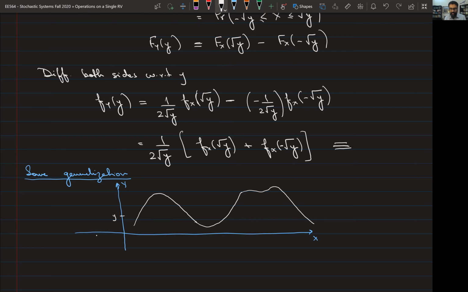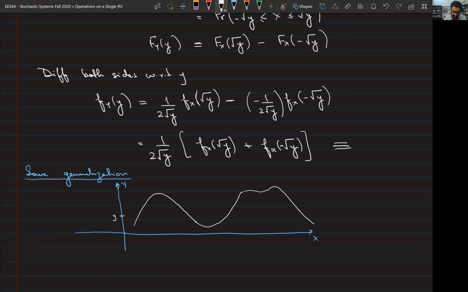Right, now how many roots does this small y have? Asif, how many roots does it have? Mohammed Asif, can you hear me? Okay, Mohsin, go ahead. 4 roots, right?